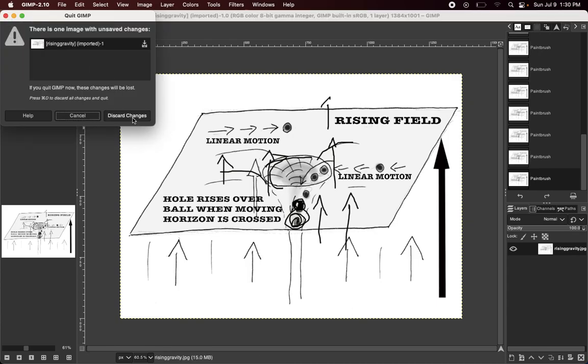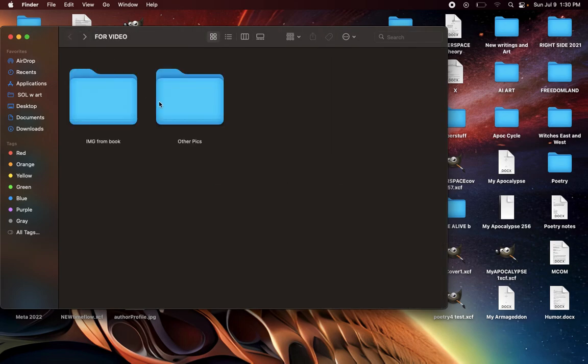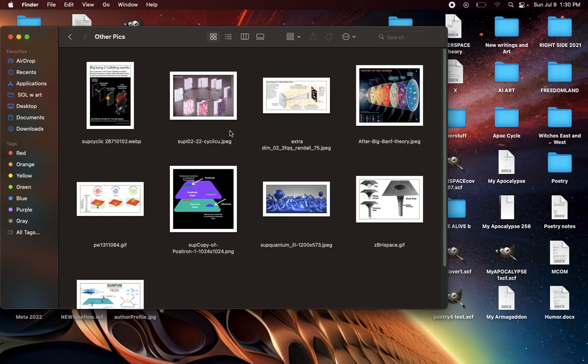Now, before I sign off, there were a couple more things I wanted to just go back over using some of these other graphics.